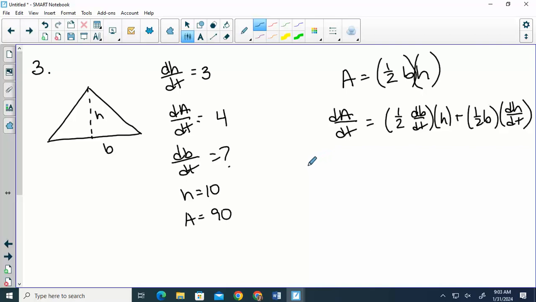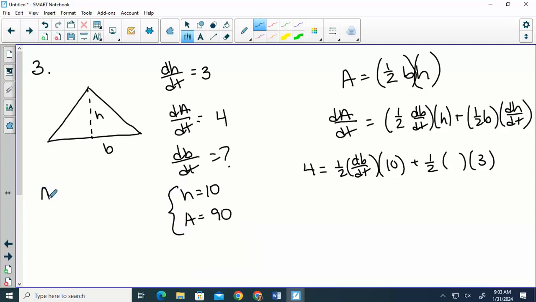So plug in what we know. We have 4 equals 1/2 times db/dt, which I don't know, times h, which is 10, plus the first. I don't know the b, but I really need it to be able to solve this problem. Is there any way I could find my base at this instant? Yeah. I know the area is 1/2 base times height.